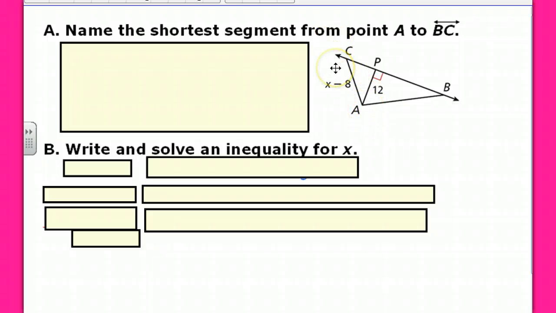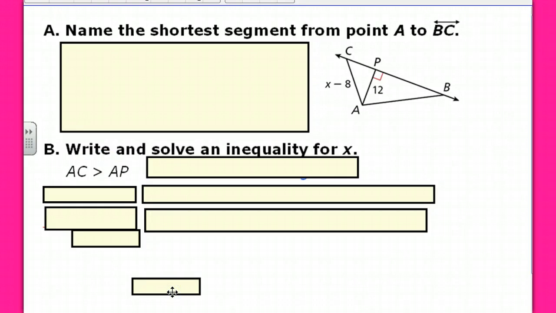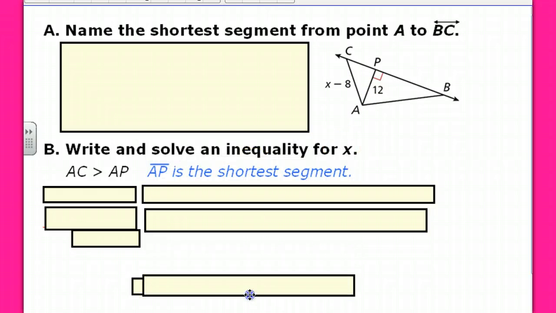So rather than using the Pythagorean theorem, we can't really solve, we don't know this other side CP, but we can show a relationship between 12 and x minus 8. Because 12 must be less than x minus 8. So the way that we can show that in a proof style is AC must be greater than AP, right? That's given that AP is the shortest segment.